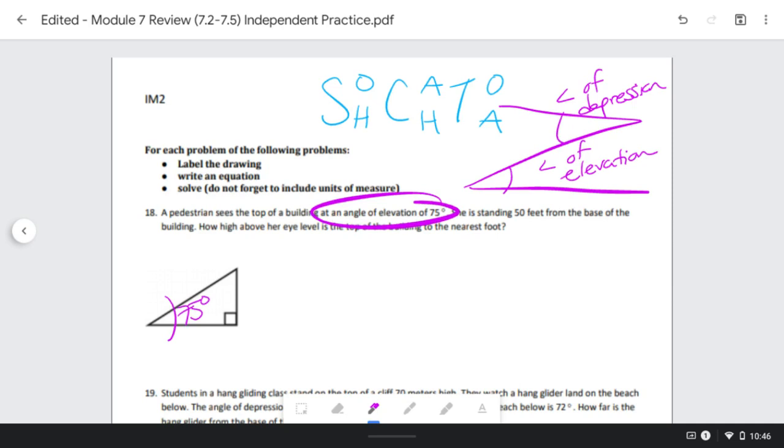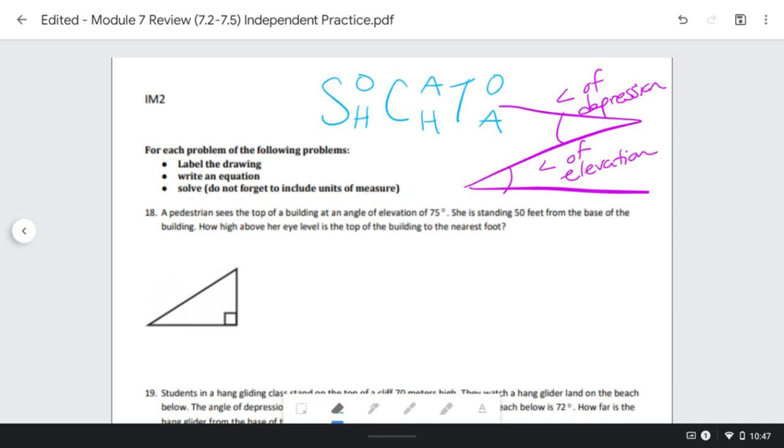Because if you remember, you have parallel lines and then you have alternate interior angles. So don't let the vocab confuse you. If I look here and this is my angle of depression, that's the same thing as this because of alternate interior angles. So that's just a thing to remember.